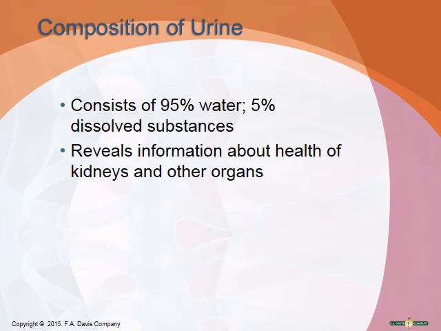These are things that are normally not in urine. The presence of them in urine is telling us that we may have a problem somewhere else in the body. So it's important to examine urine, just like we look at skin and nails and hair and eyes, which tell us a lot about a person's health, so does urine. You don't even have to touch somebody and you can come up with a lot of things.